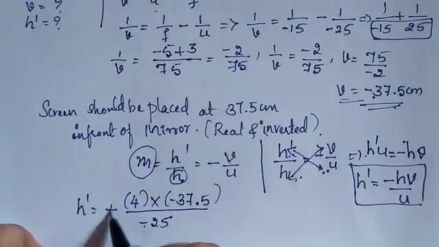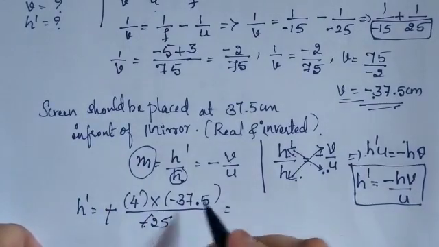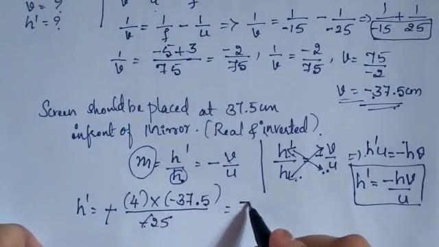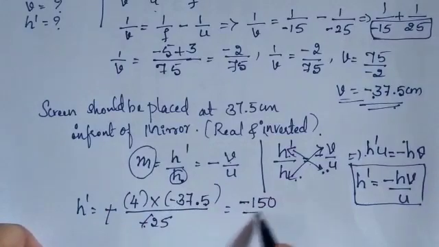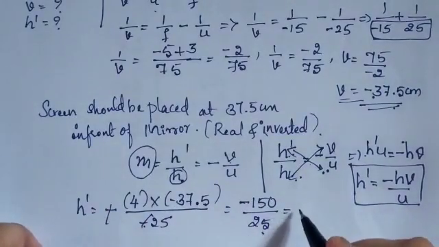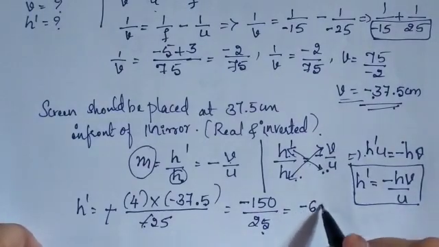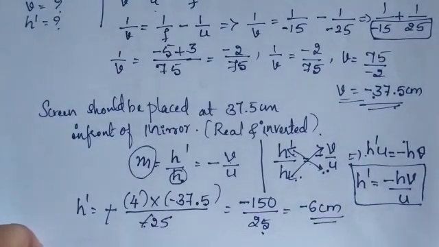Minus into minus becomes plus. 4 into 37.5 gives minus 150 divided by 25, which is minus 6 centimeter.